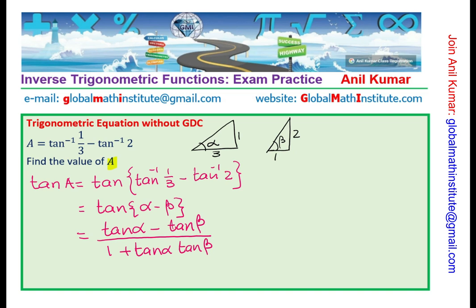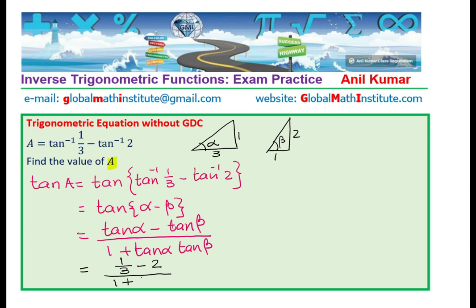Now clearly from here, tan alpha is 1 over 3 and tan beta is 2. And therefore, we can write down these values here. We have tan alpha as 1 over 3 minus 2 over 1 plus 1 over 3 times 2. Makes sense, right?